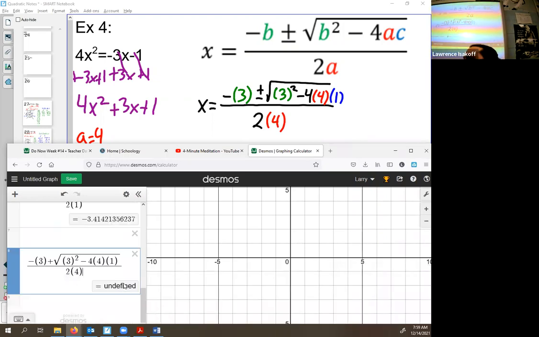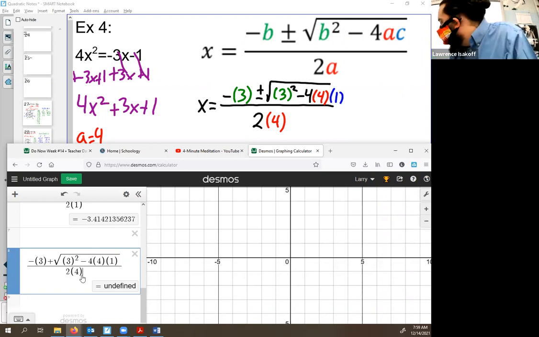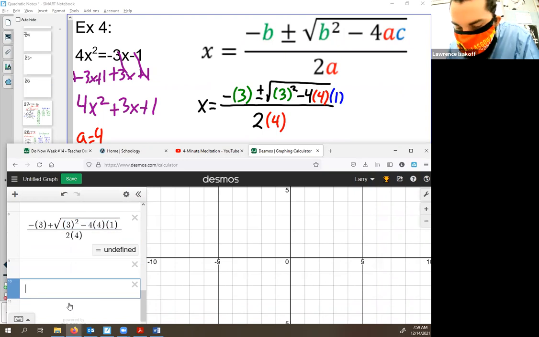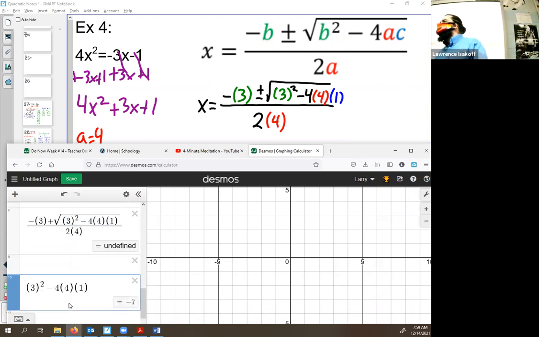Now notice here, Desmos is telling me this is undefined. What's happening here, if I look at what's underneath the square root, I'm just going to quickly copy what's underneath the square root. I get a negative answer. There are ways to take the square root of a negative, but we haven't learned them yet. That's a topic for IM3.